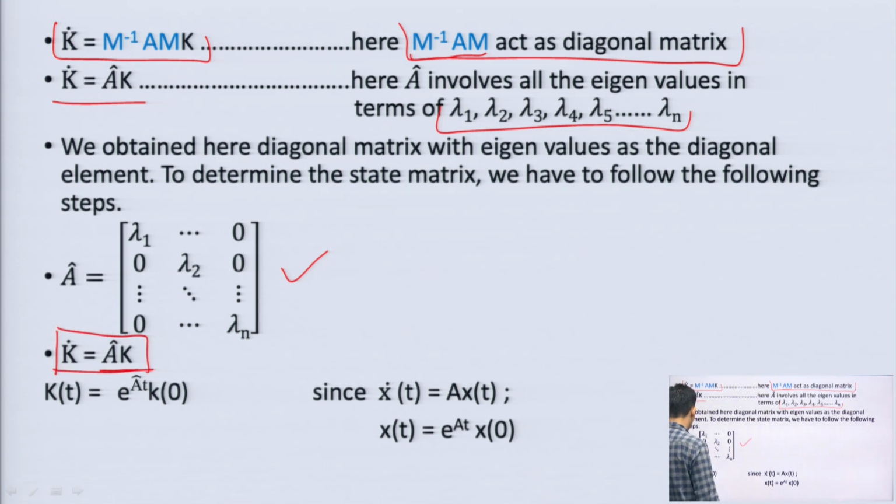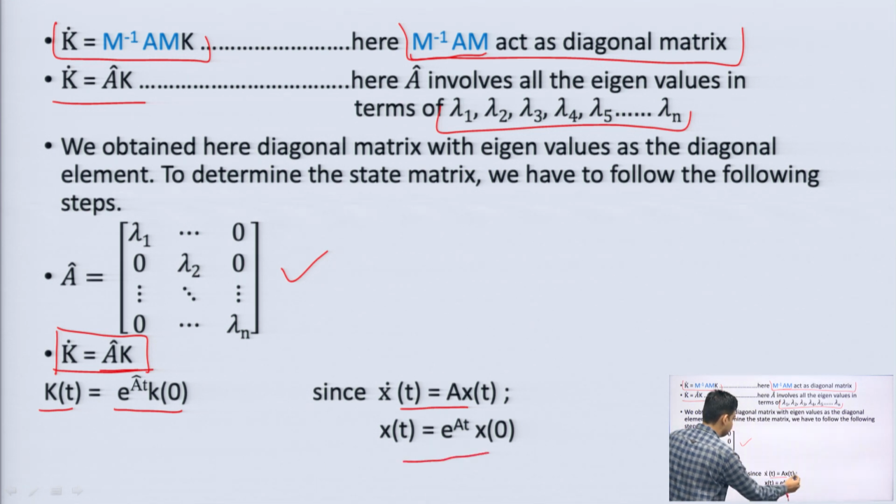So, if we want to calculate the solution, just like the state transition matrix, this will give you k of t equal to exponential of A cap t k 0, same as we had seen for the STM previously. If this is my state equation, this is the solution. In the same way, this is the state equation and this is the solution. What is the difference?